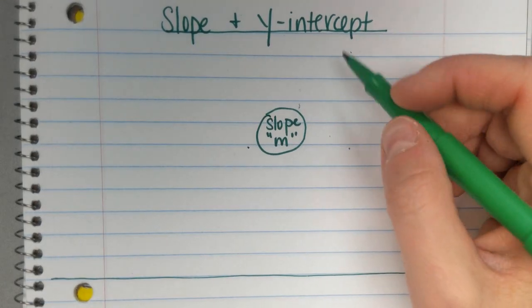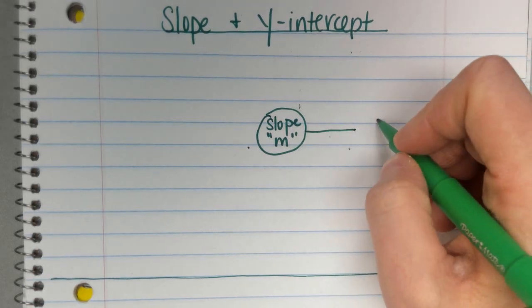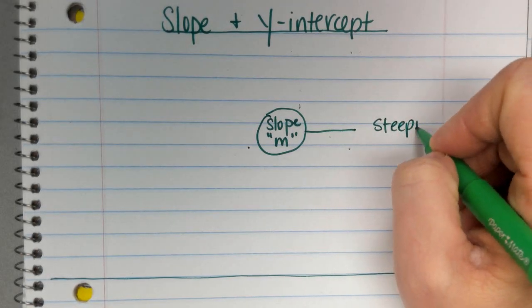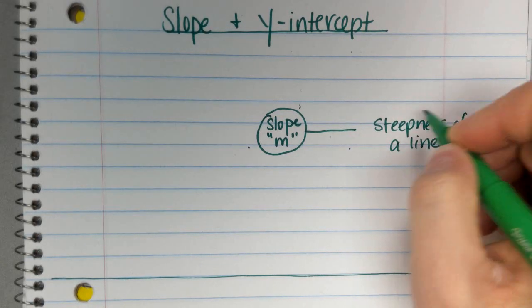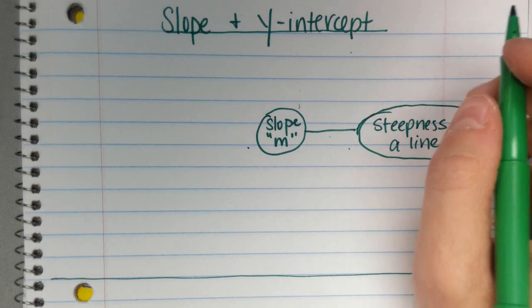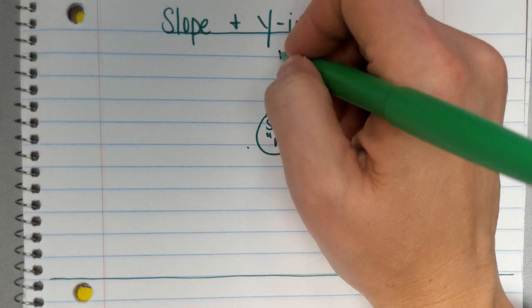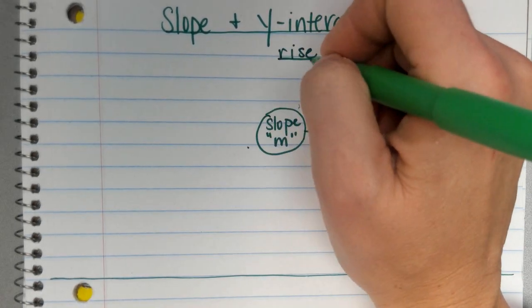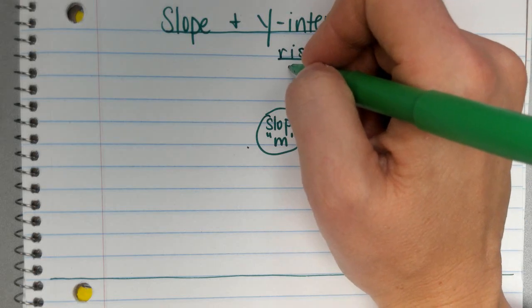So let's talk about what we know about slope. We know that slope is the steepness of a line. We know that slope is rise, where the line rises over the number that it runs.